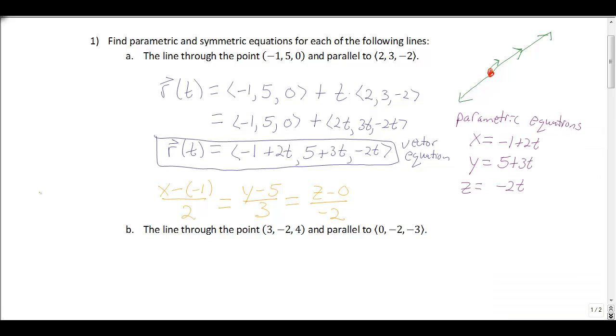So these were the symmetric equations. These do look a little bit different. We don't use these all that much in this course, but we probably mostly deal with the parametric, but they're there. And you could, of course, rewrite this as, if you want, x plus 1 over 2 equals y minus 5 over 3 equals z over -2.